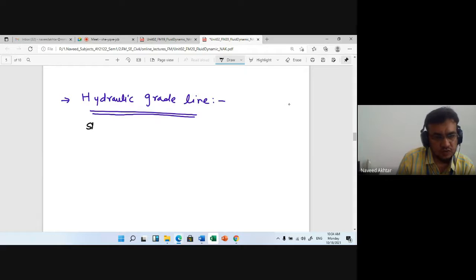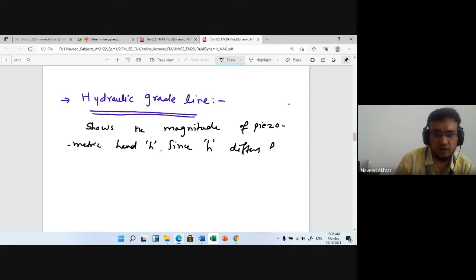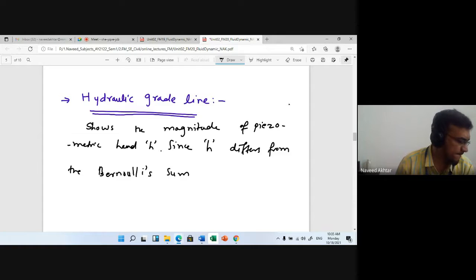The hydraulic grade line shows the magnitude of the piezometric head H. Since H differs from the Bernoulli sum by the velocity head.